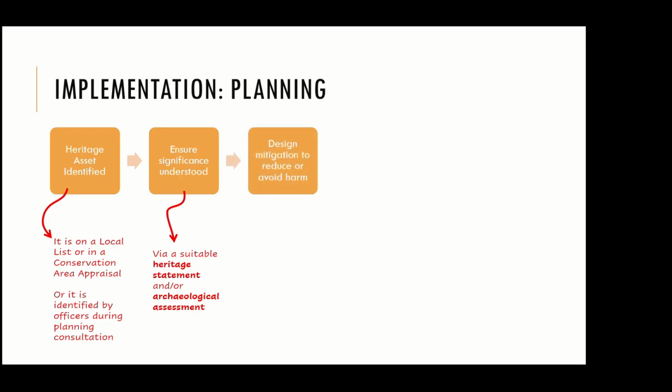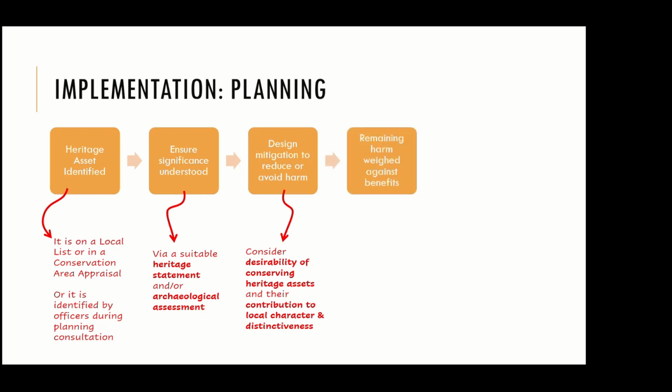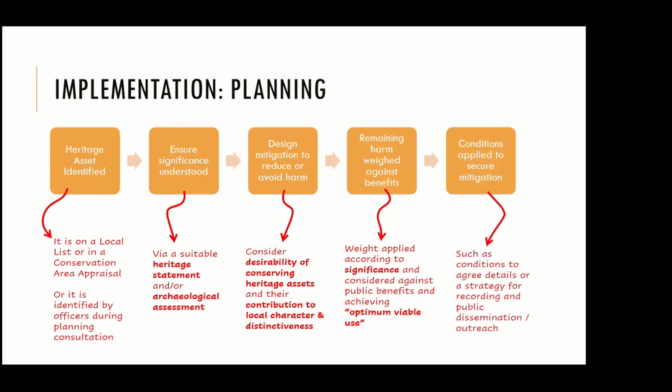We then design the mitigation to try and reduce harm where possible, taking into consideration the values that it has and its positive values. Then any remaining harm gets weighed against achieving the public benefit of the development and its optimum viable use. And then any remaining harm we attempt to mitigate or offset through further design details or recording.